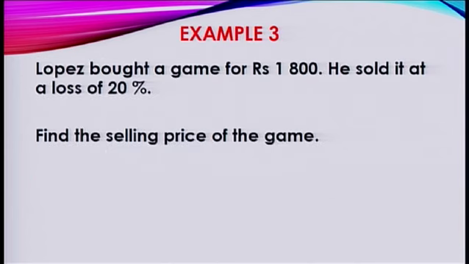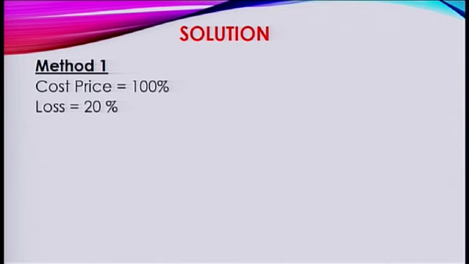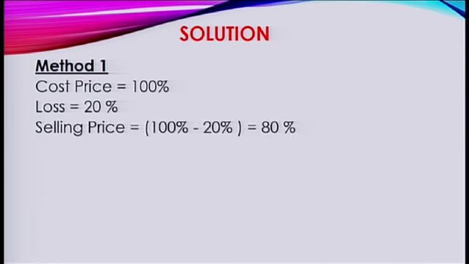Let's take another example. Lopez bought a game for 1,800 rupees. He sold it at a loss of 20%. Find the selling price of the game. Method 1. We know that the cost price is 100%. We have a loss this time of 20%. So the selling price will be the cost price minus the loss. That is 100% minus 20%, which is 80%.